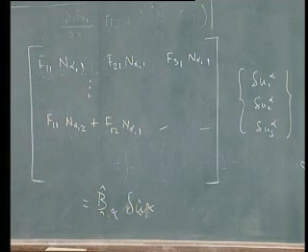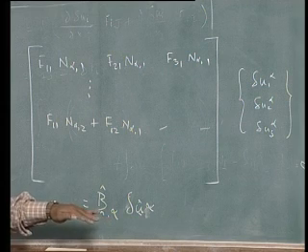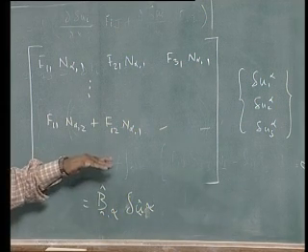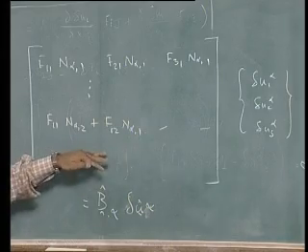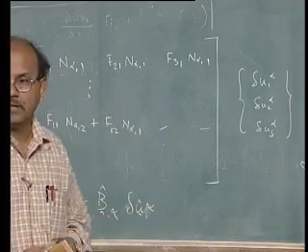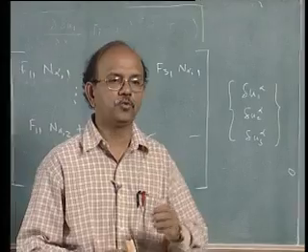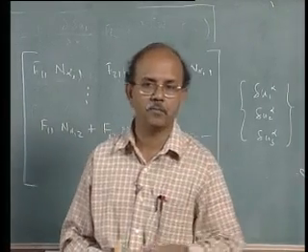Is this clear? Now, if you look at this, actually this can be split again into two terms. Actually, this has an L term and an NL term, or the B matrix can be split into a linear part plus a nonlinear part.